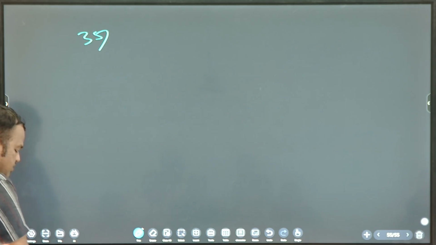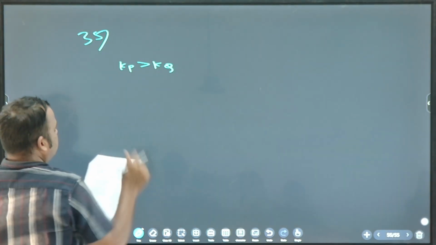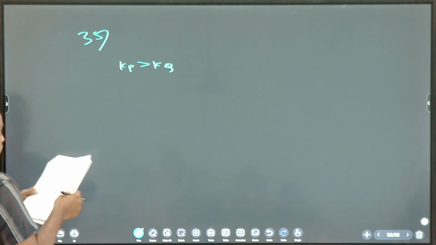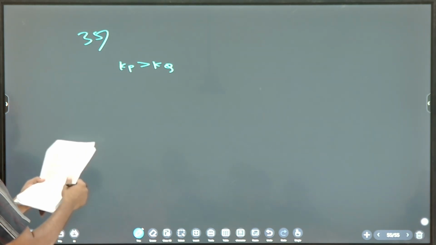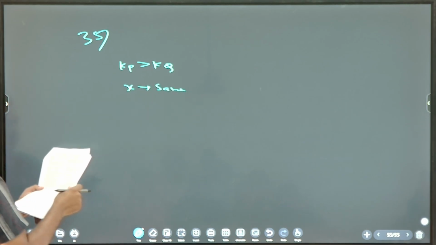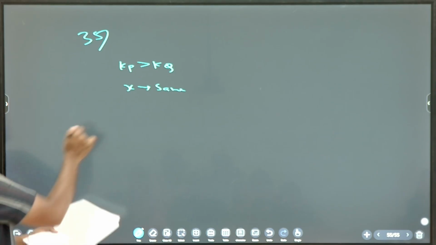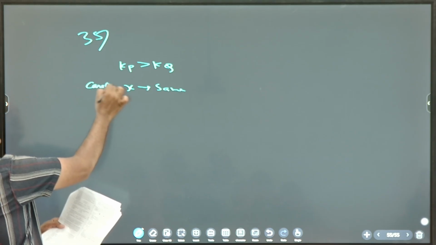Two springs P and Q, spring constants Kp and Kq, Kp greater than Kq, stretched by the same amount. X is same. Now two cases are there. Case 1, X is same.